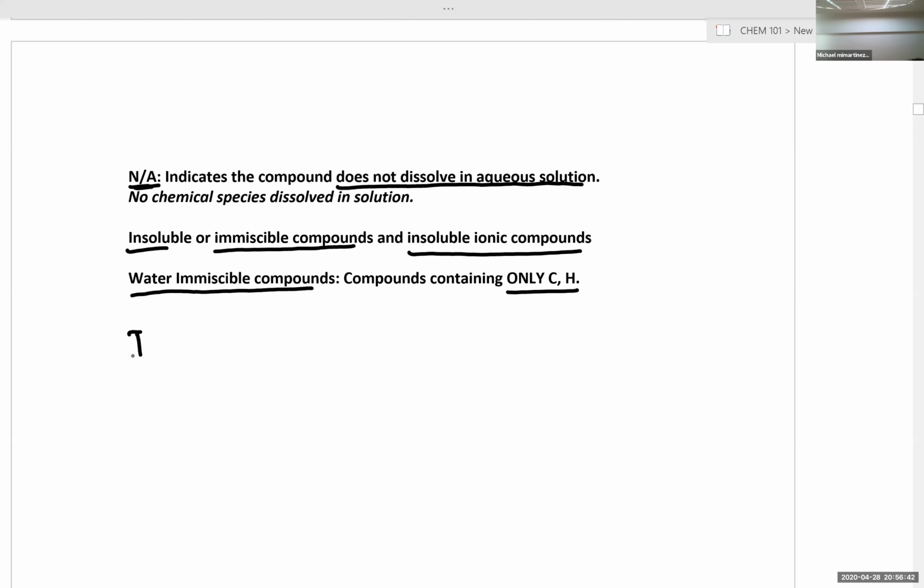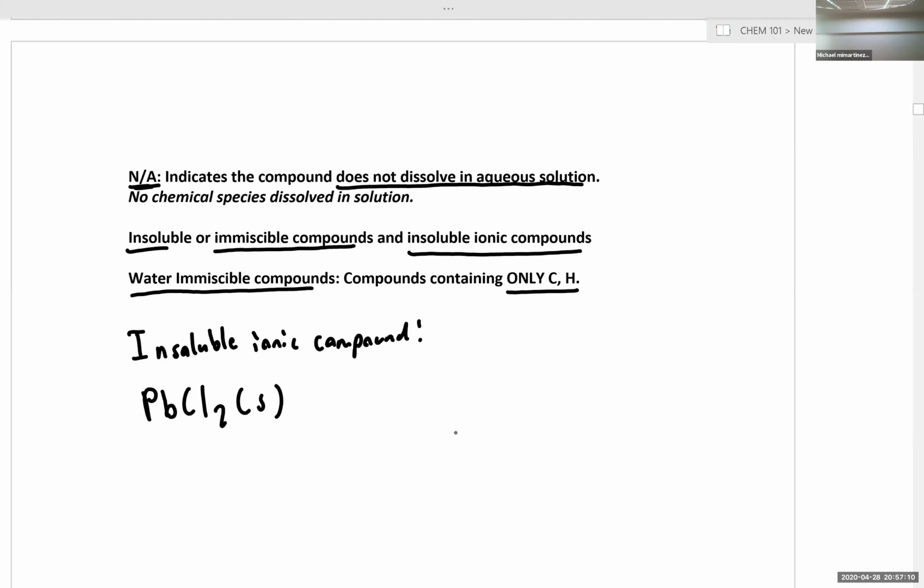So let's give an example of an insoluble ionic compound. What's an example of an insoluble ionic compound? There are a lot of them, but let's try to list at least one of them for our discussion. Sure, lead chloride, that's good.